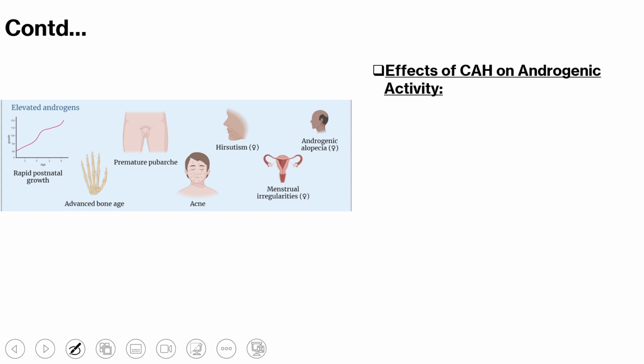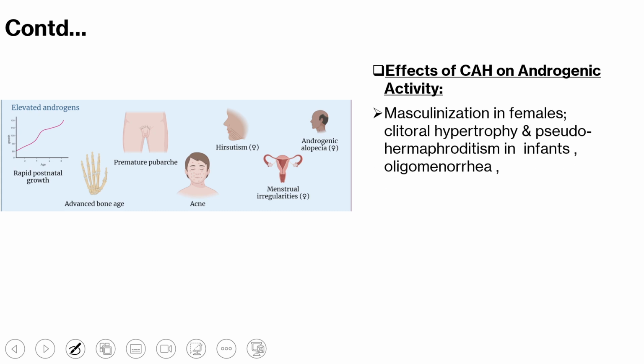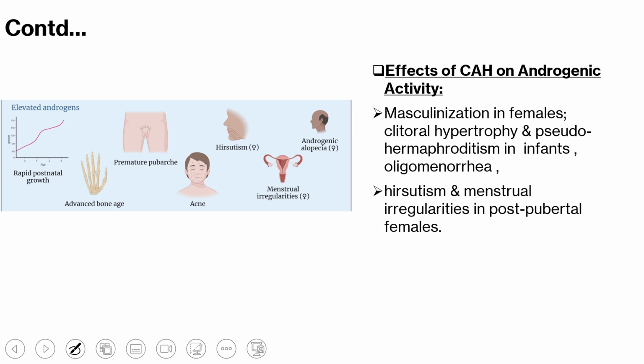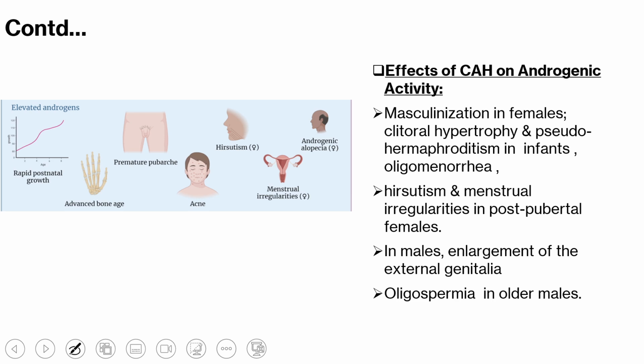And the effects of congenital adrenal hyperplasia on androgenic activity are that the precursors of cortisol are channelized to the synthesis of androgens, and that results in masculinization in females, like clitoral hypertrophy, pseudohermaphroditism in infants, and oligomenorrhea can also be seen in females, and also hirsutism, menstrual irregularities in post-pubertal females, and in males enlargement of the external genitalia, and oligospermia can also be seen in older males.